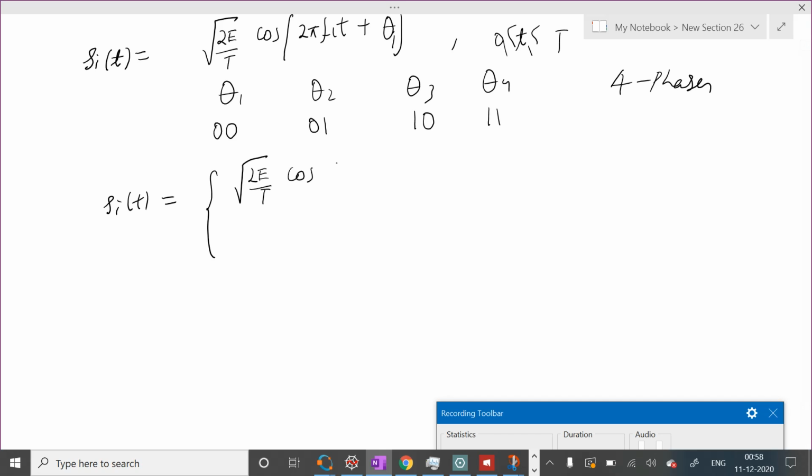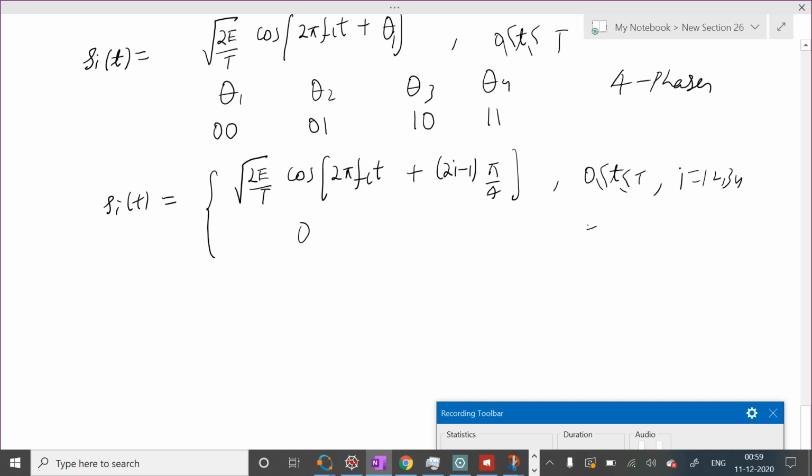Now I have 2 bits I'm representing, so I'll write E and T. Cos of 2 pi fct plus 2i minus 1 pi by 4, for 0 less than or equal to t less than or equal to capital T, and i equal to 1, 2, 3, 4, and 0 elsewhere.